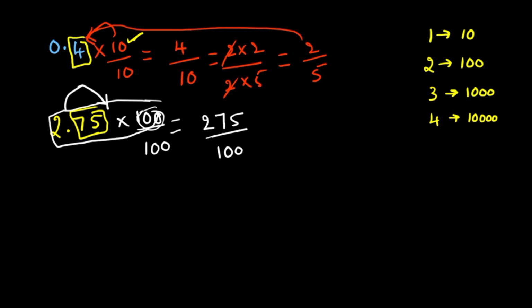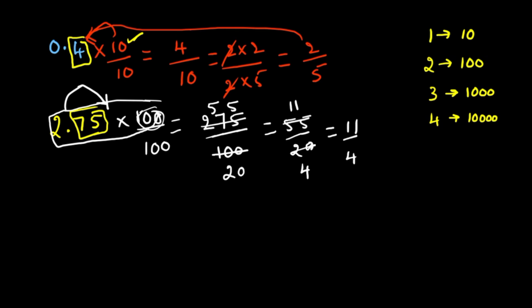If you want to do the cancellation, you can do it. How? 5 times table: 5 fives are 25, 5 fives are 25, so 55 divided by 20. Still we can cancel: 5 fours are 20 and 5 elevens are 55. So 11 by 4 is the final answer of this question.